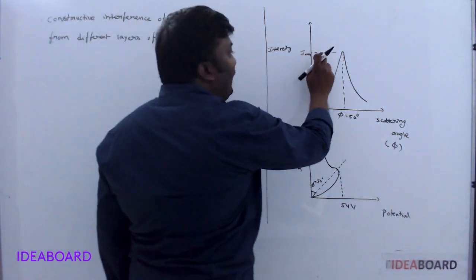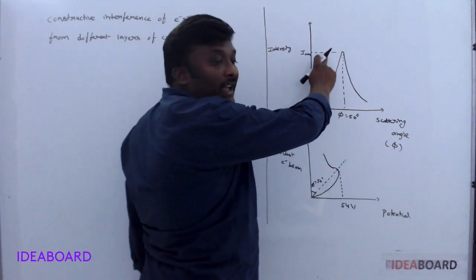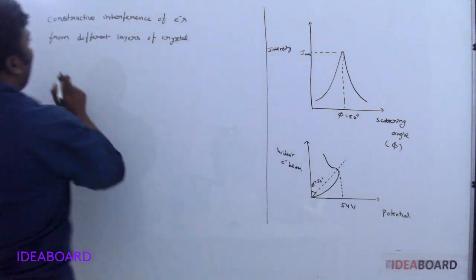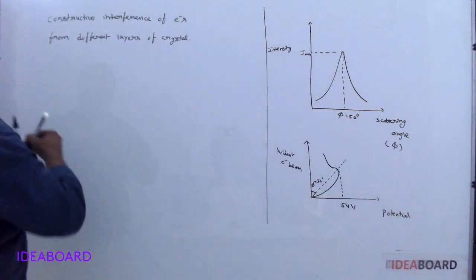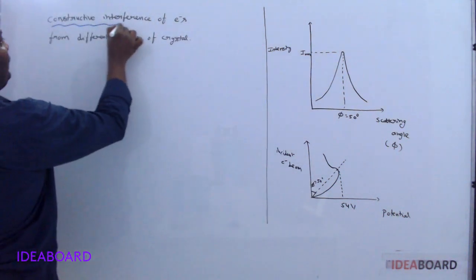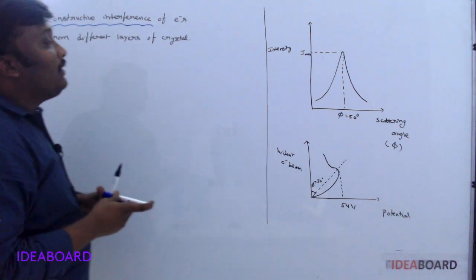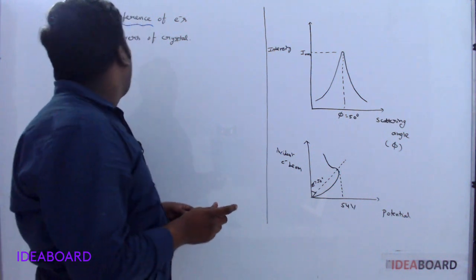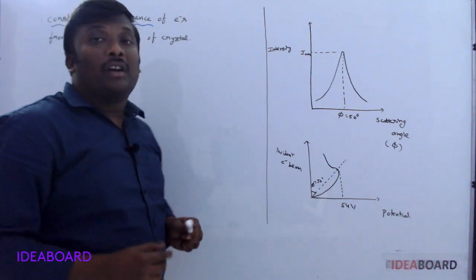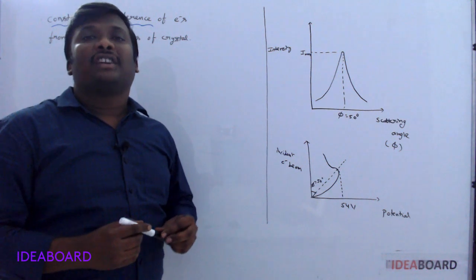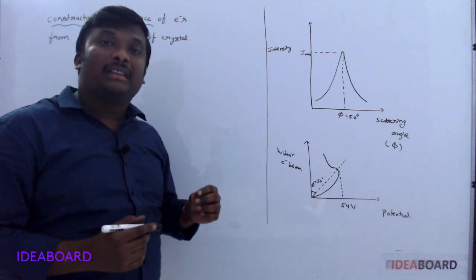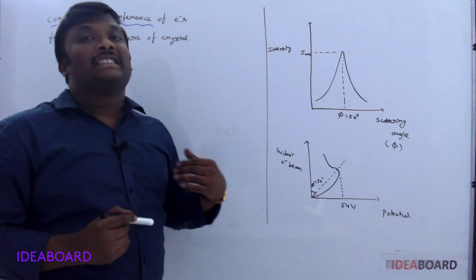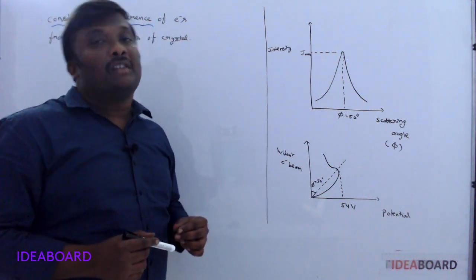Okay, this peak value of intensity is mainly due to, what is the reason? Constructive interference. We learned in the first year in the lesson on waves, and in second year optics, the word constructive interference. Constructive interference is where the intensity is maximum. If the intensity is minimum, it is called destructive interference.